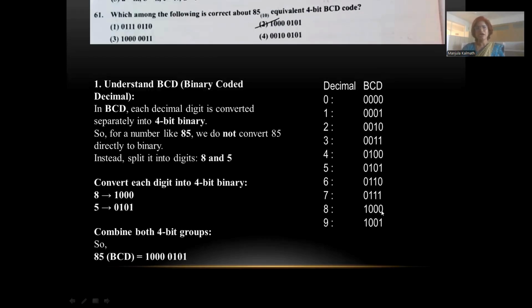That is the 8. The next digit is 5, whose combination is 0, 1, 0, 1. So combining both, the BCD equivalent of 85 is 1000 0101. This is the correct answer. Option 2 is the correct answer here.